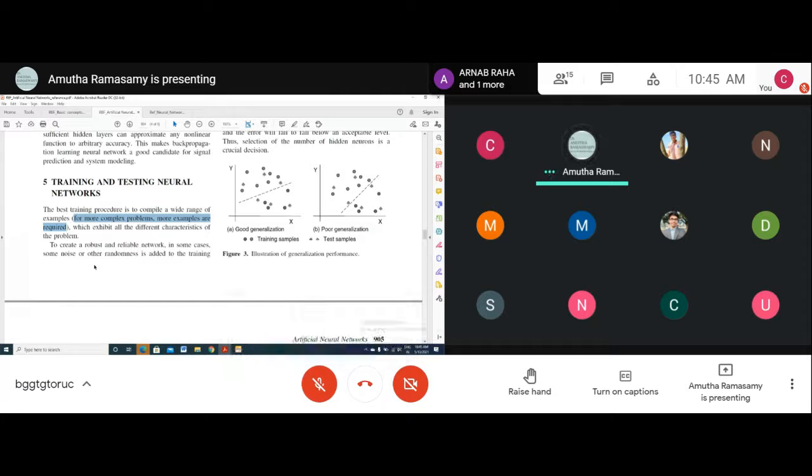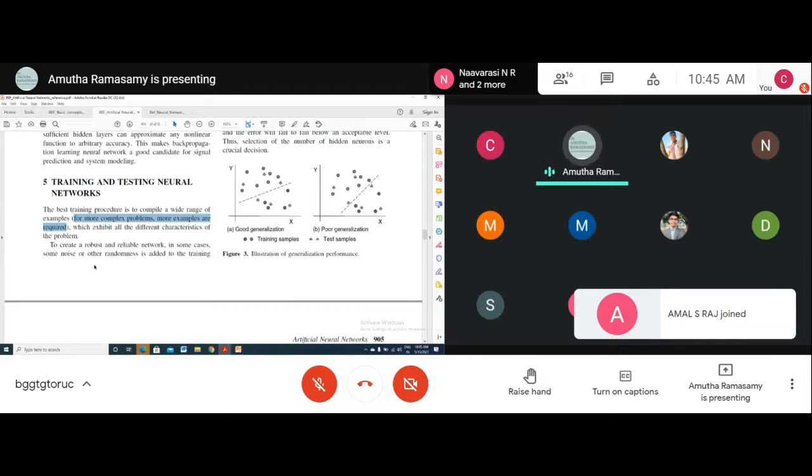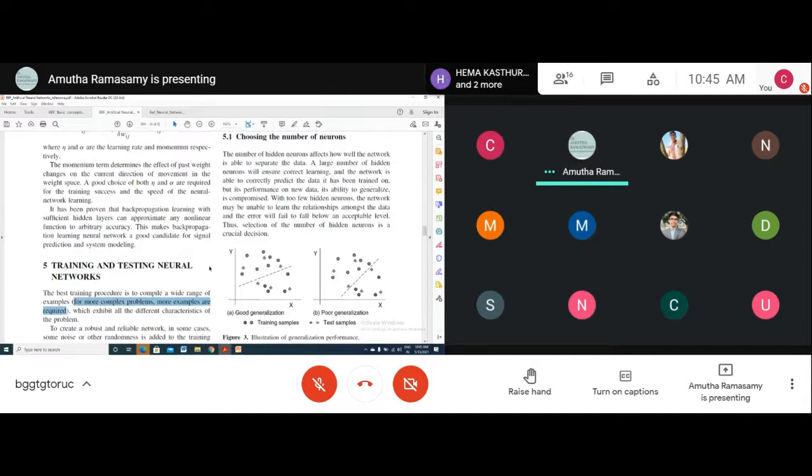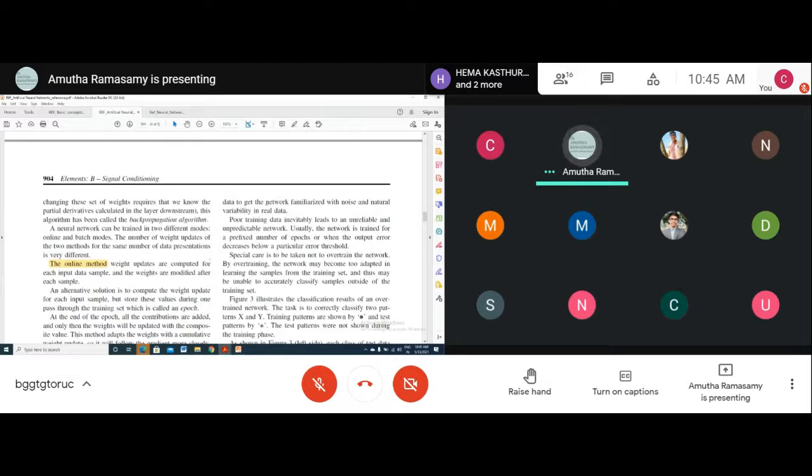Suppose the data to be processed is a function of X, but we have some noise or some errors or some nonsense data that we say is a different function of Y. What we do is give the input f of x as well as f of y, both together, so that we ourselves introduce some randomness in the input. Okay. So the randomness is added to the training data to get the neural network familiarized with the noise as well as the natural variability in the real data.